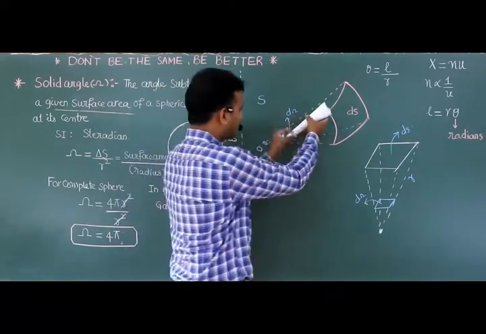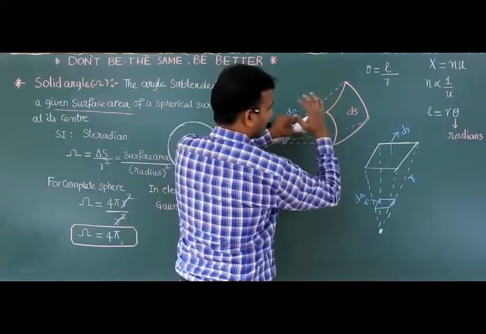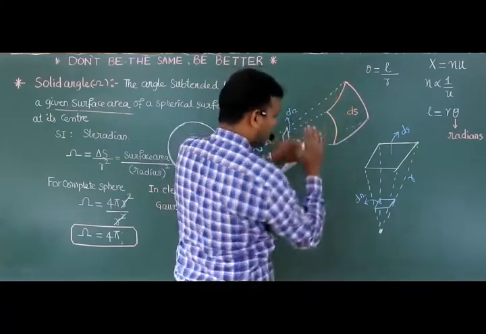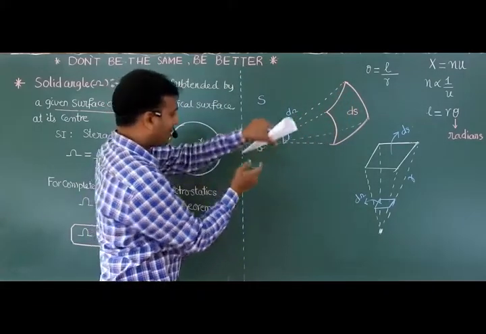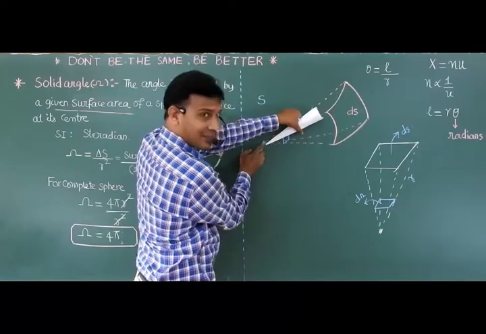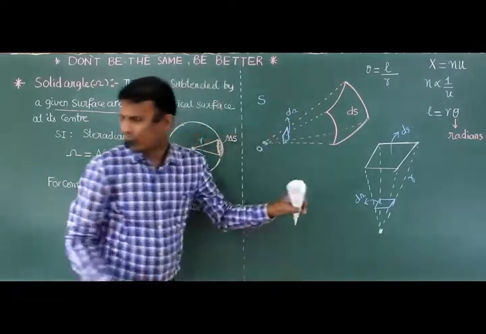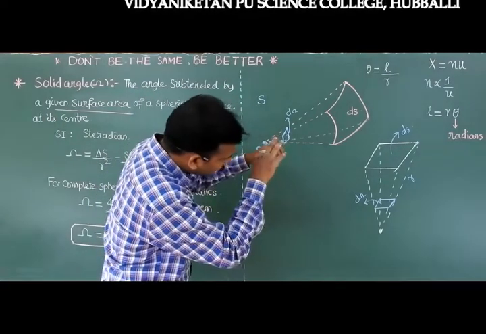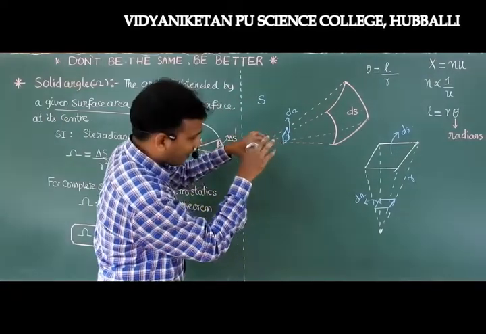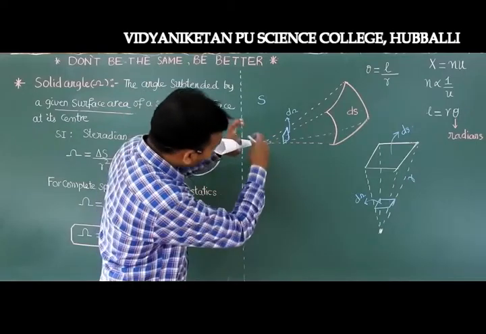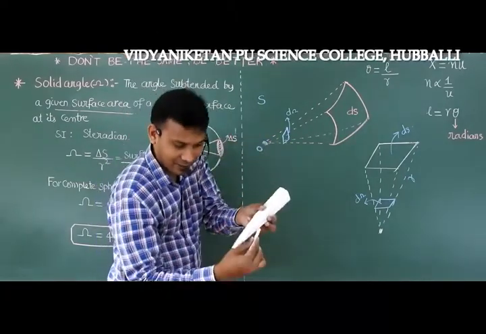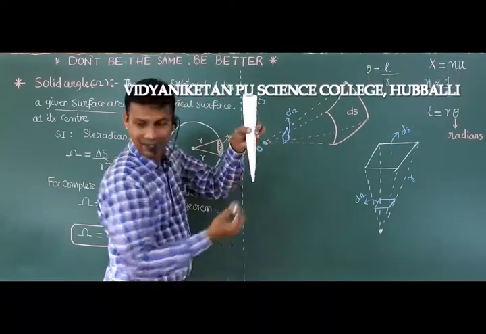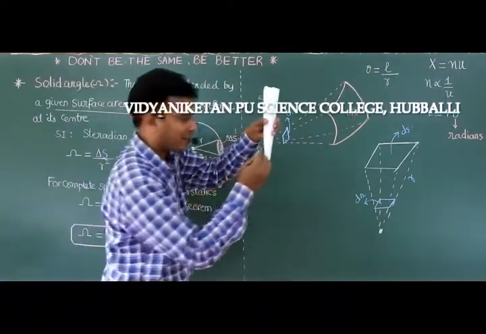This is the portion, the given surface area dS. Here I am considering the center of the sphere. So what is a solid angle? Listen, what is solid angle? This is a solid angle. The angle, see, this is a solid angle. I will show you again. Listen carefully.